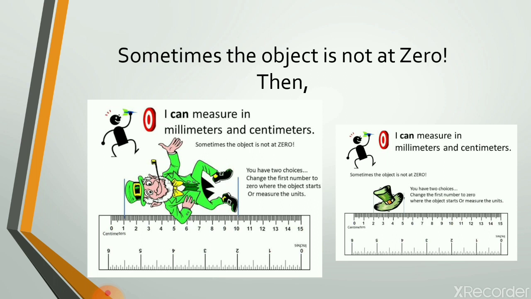Sometimes the object is not at 0. We can see here the joker starts at 1, and in the second figure the object starts from 2.